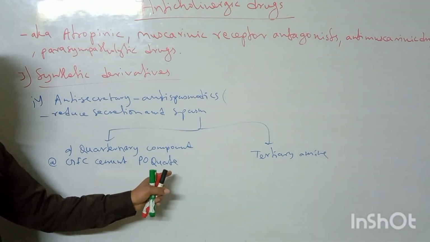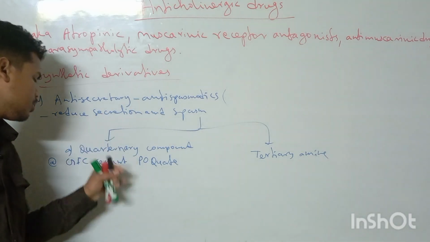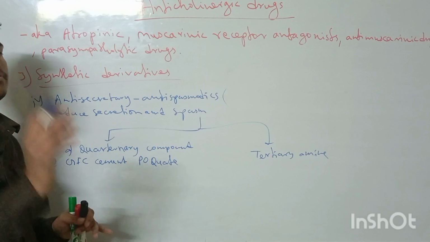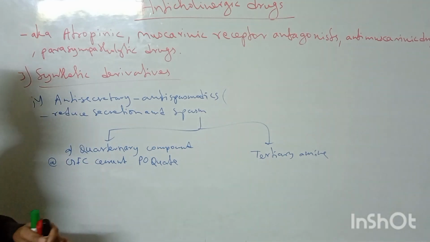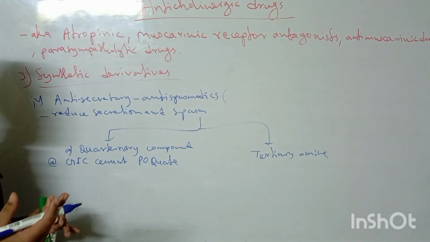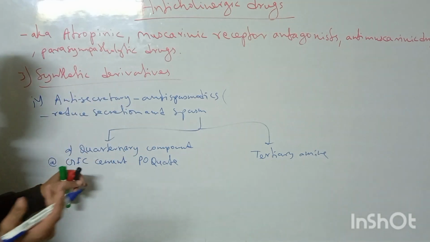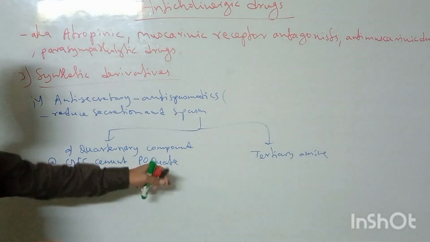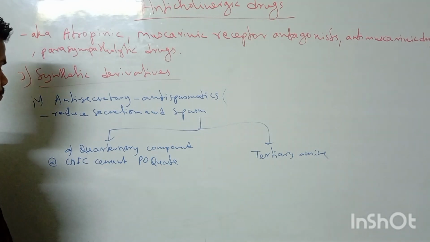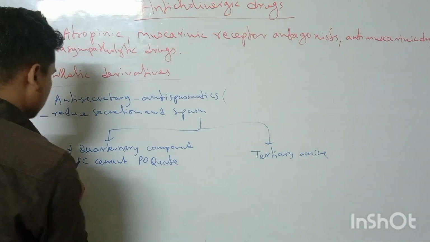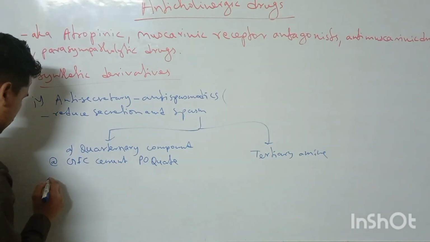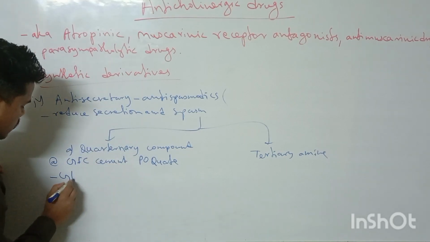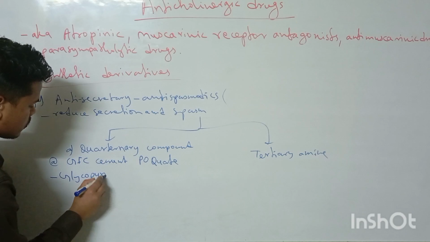If you are a dental student, you must know GIC, which is glass ionomer cement, a type of cement used for various purposes like restoration and as a base. So here GIC will not stand for glass ionomer cement, but rather G will stand for glycopyrrolate.